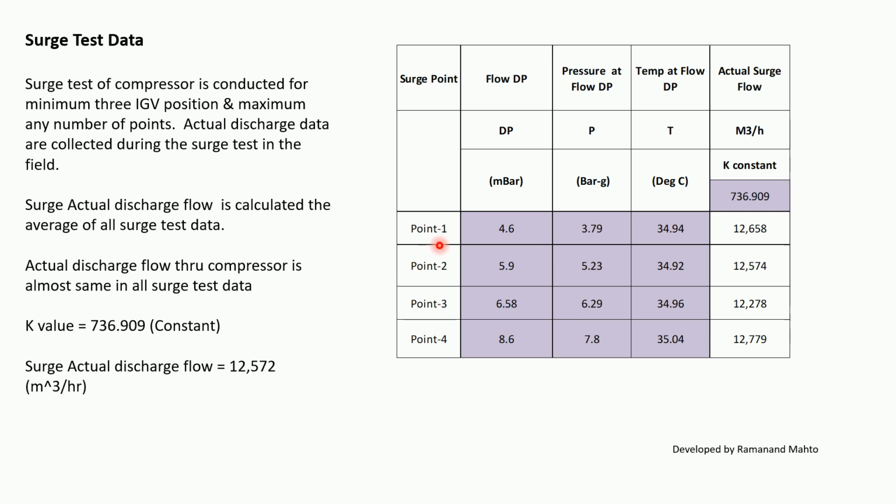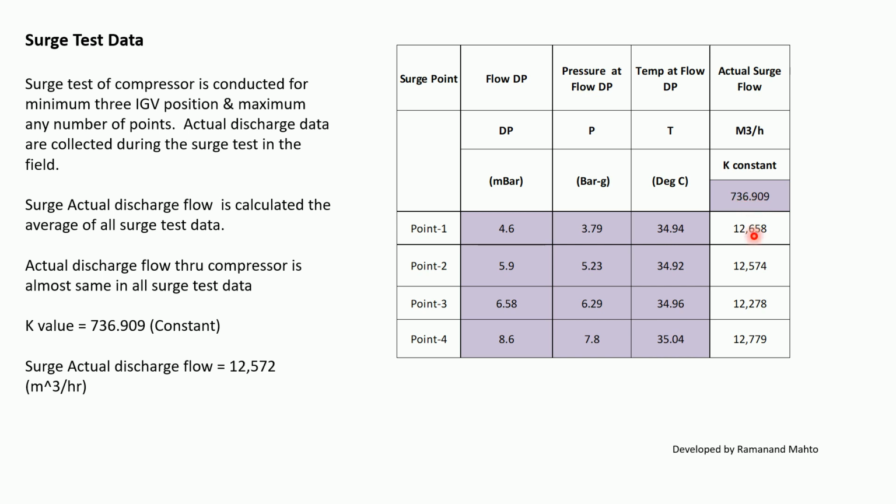Surge points are 1, 2, 3, 4. Flow dp is 4.6, 5.9, 6.58, 8.6 millibar. Pressure is 3.79 bar gauge, 5.23 bar gauge, 6.29 bar gauge, 7.8 bar gauge. Temperature is 34.9, 34.9, 34.96, 35.04, almost the same. K is 736.909.